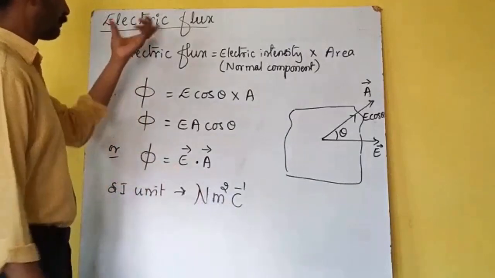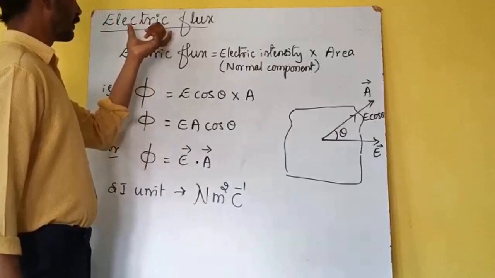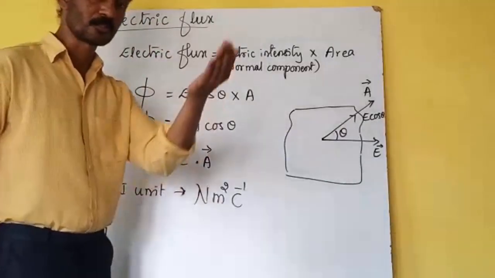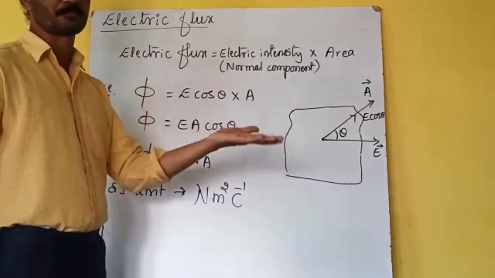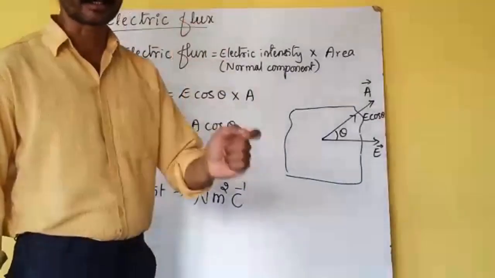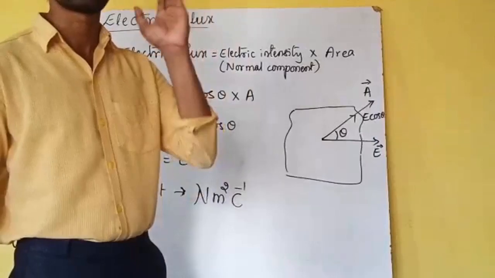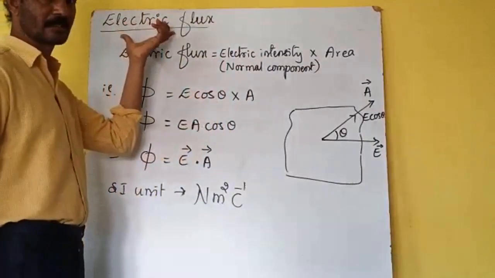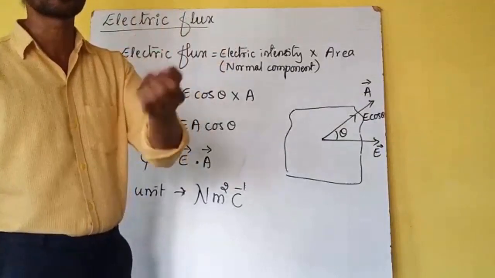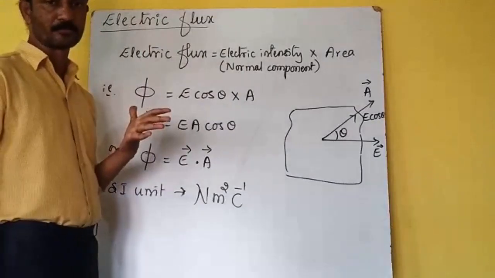So this electric flux is a scalar quantity, and an electric flux directed outwards from the surface is taken as positive, and an electric flux directed inwards to the surface is taken as negative.